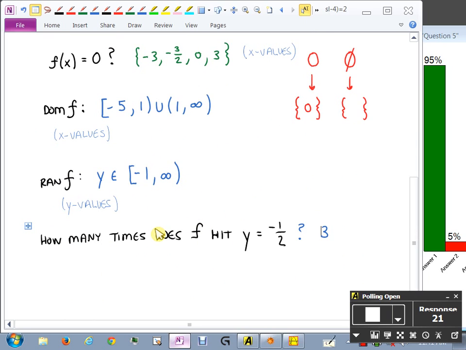All right. Last thing. For what values of x does f of x equal 2?